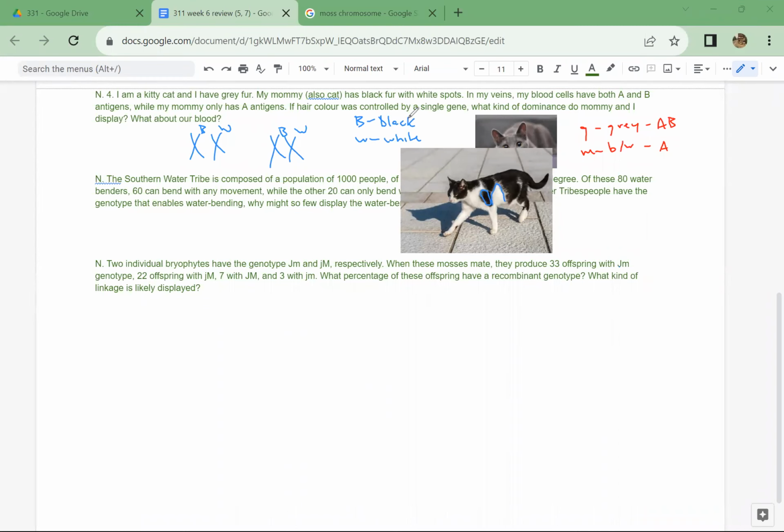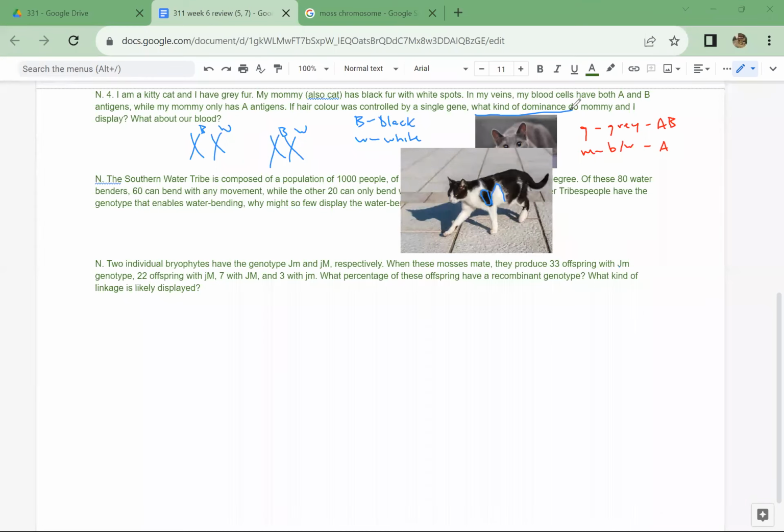If black dominated white, then even with this genotype, you'd show up as black. If white dominated black, you'd show up as white. But you have both black and white. Neither one dominates the other, but they both coexist in their dominant state on a single organism.